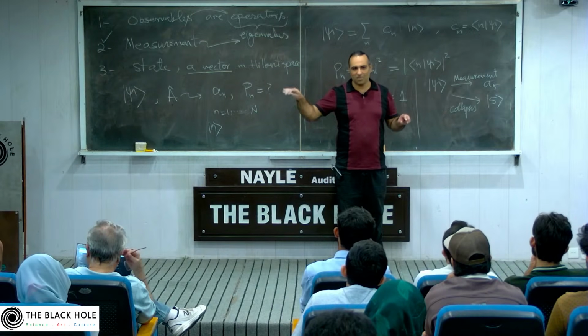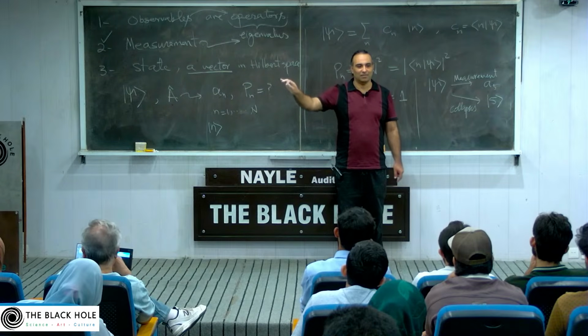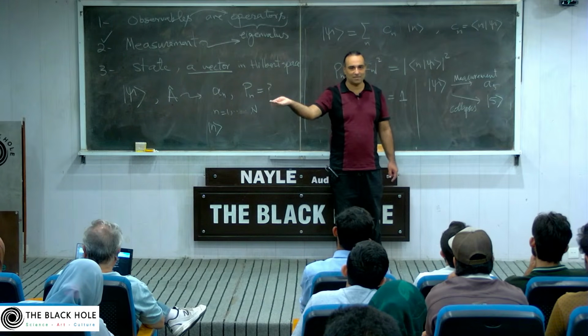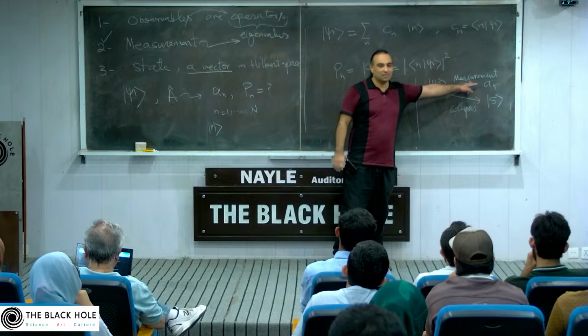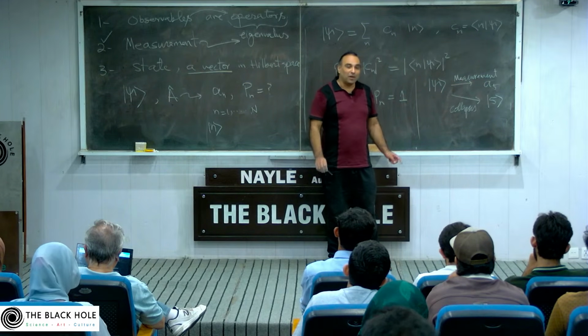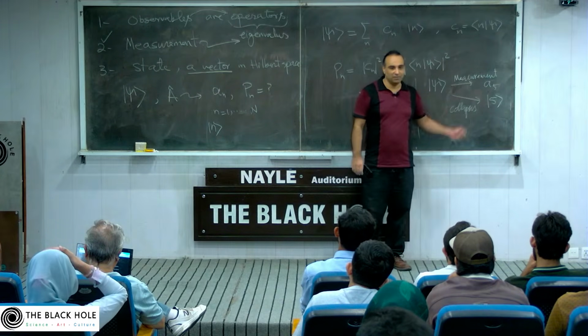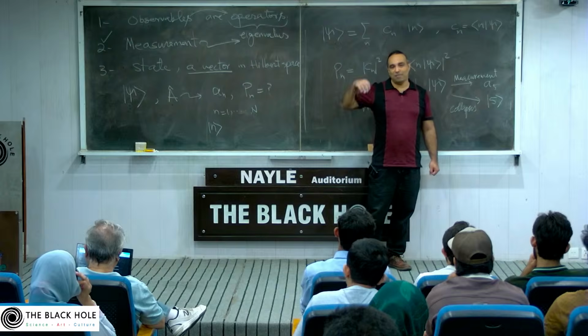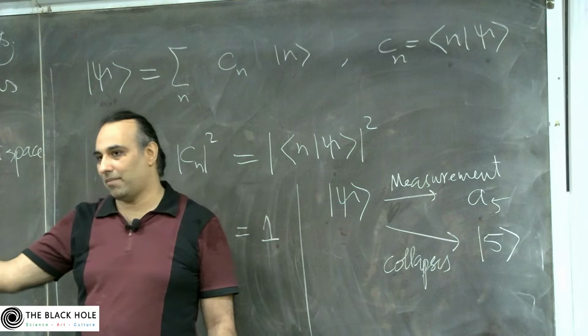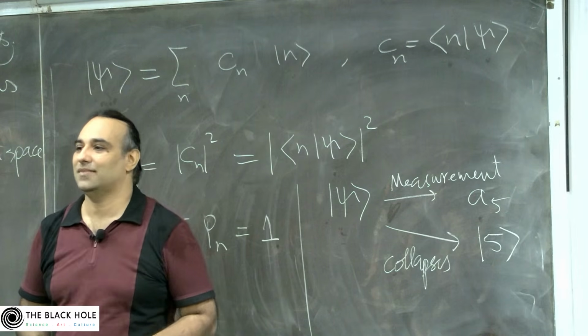It has its own Hilbert space, but there is a one-to-one correspondence, so we name them similarly, with the same eigenvalues for the operator and everything. Now if you perform a measurement on one and get A5, what would happen if we perform the same measurement on the second system? Can you guess?